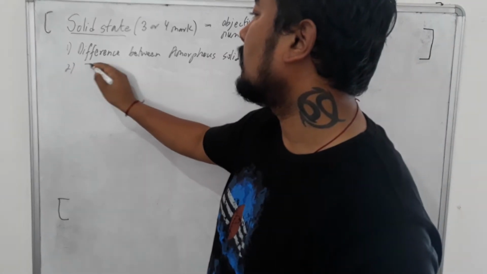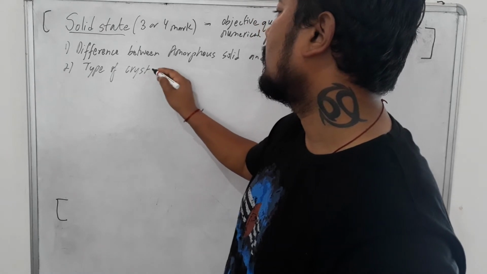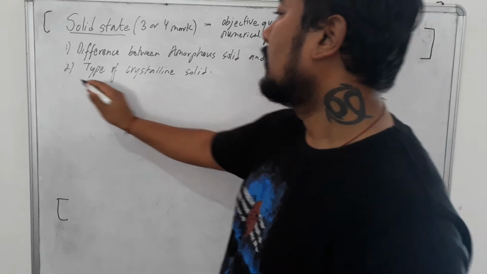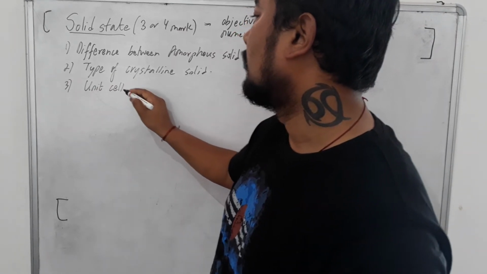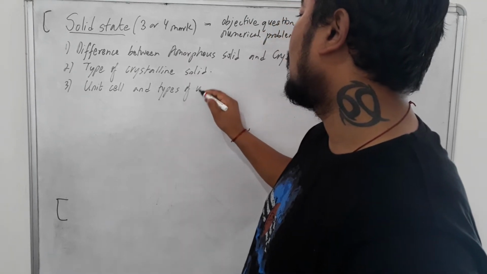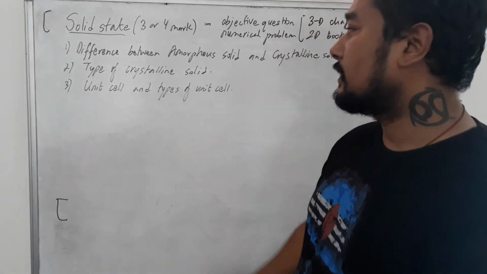Number 2, you need to learn the types of crystalline solid. Then you need to learn about unit cell and types of unit cell.